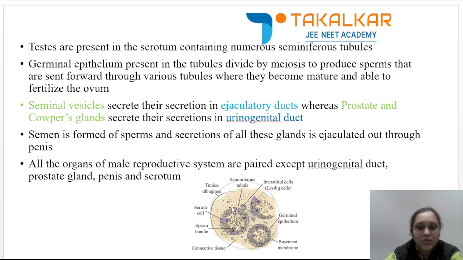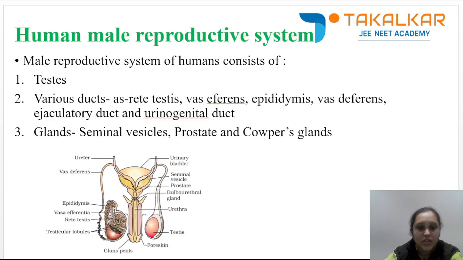Inside these seminiferous tubules, there is a layer of cells called the germinal epithelium, which by meiosis produces sperms. And these sperms are passed from the testes to the rete testis and through the vas deferens into the urogenital duct.